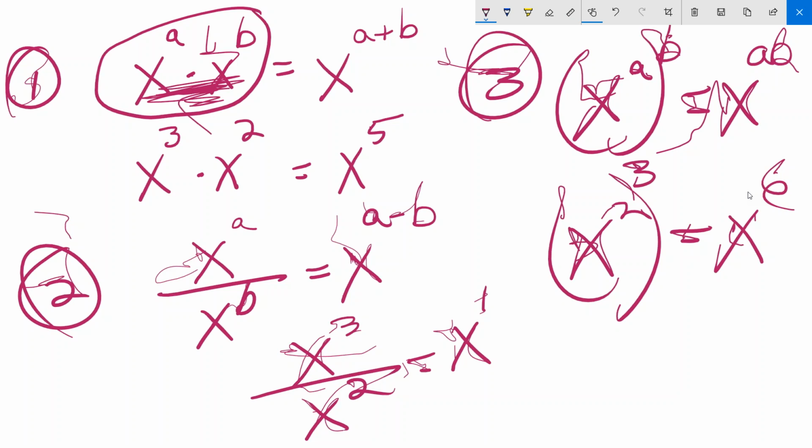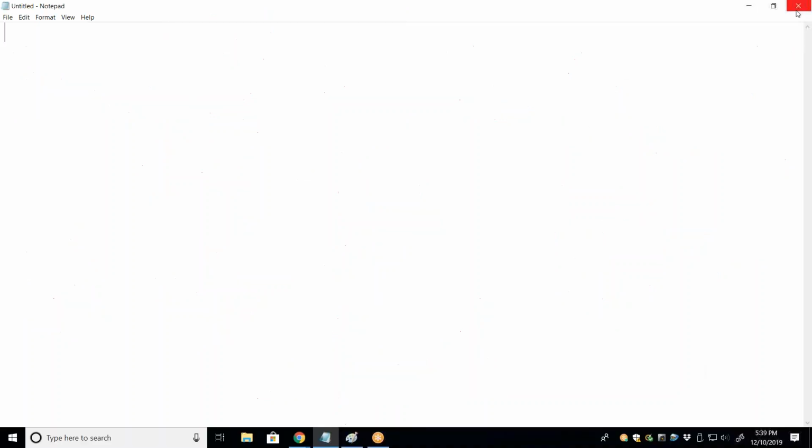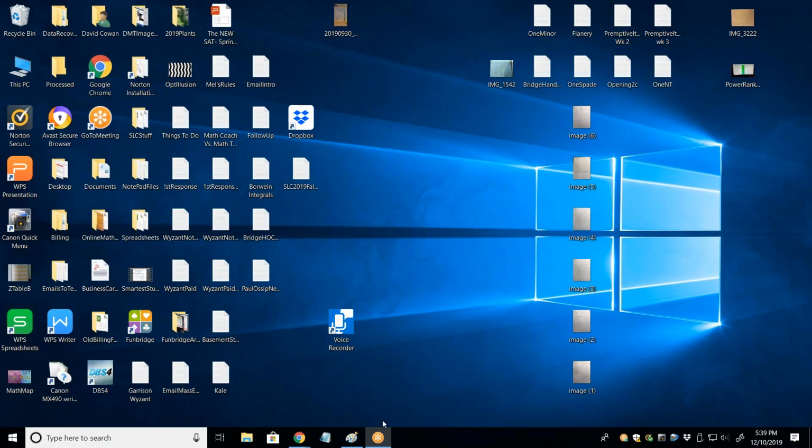Those 3 rules are almost the most important rules when you're talking about exponents. You have to memorize these 3 rules. Okay. All right. So let's go back to the problem.